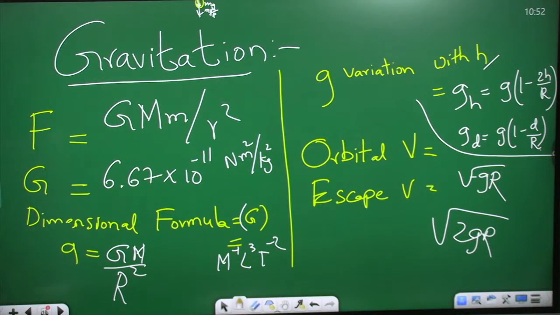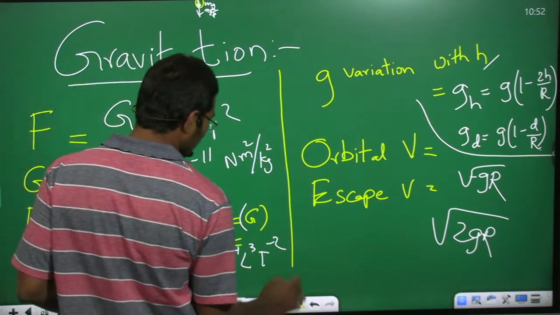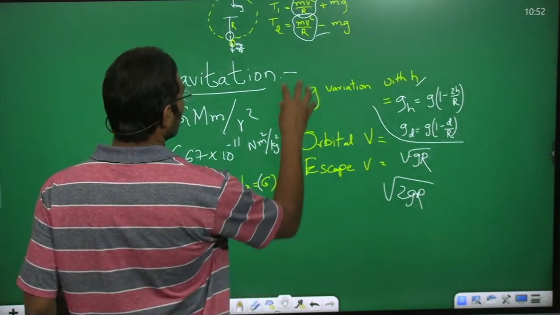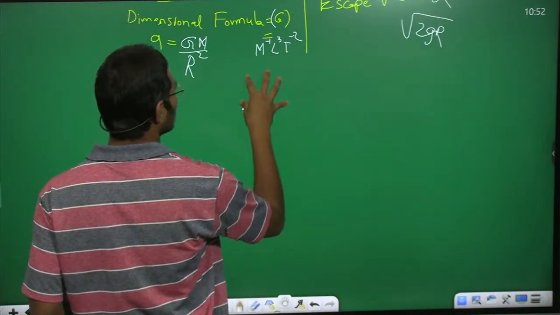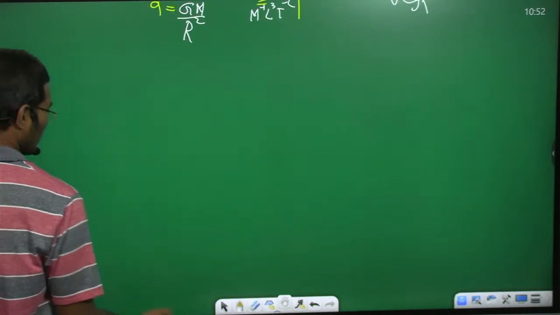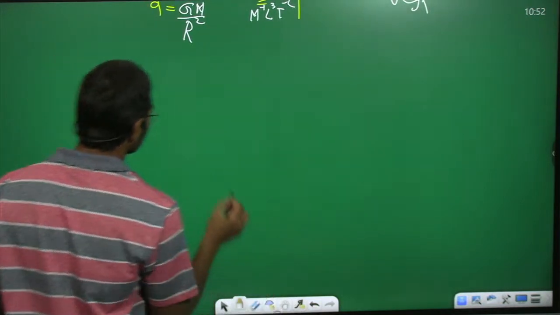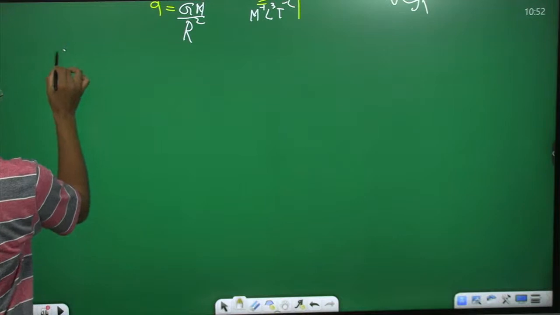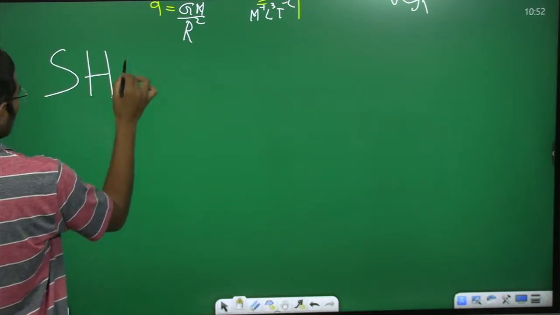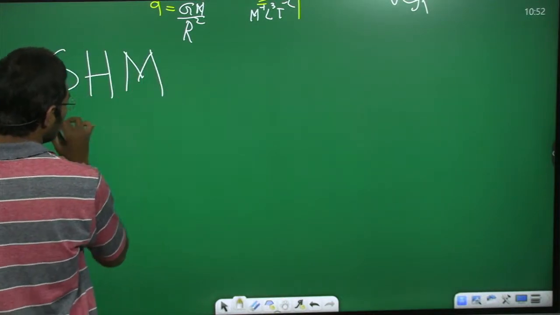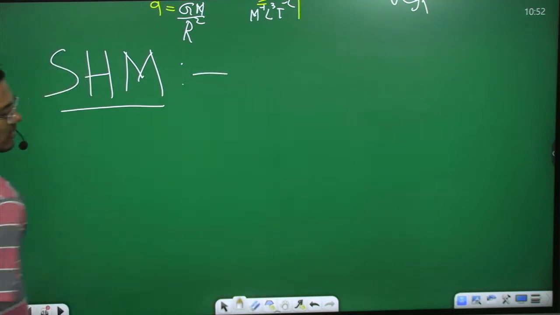Let us go to simple harmonic motion. We are trying to cover as many topics as possible of first year, okay? What else do you have? If you remember anything, please share.